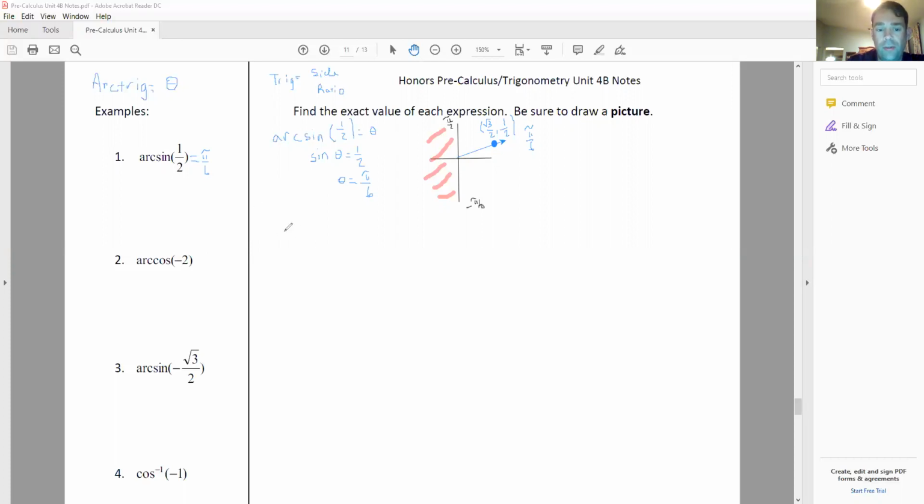Arc cosine of -2. Remember, arc always means angle. So we're going to go ahead and set it equal to theta, because arc always means angle. I'm going to draw where this thing is here.